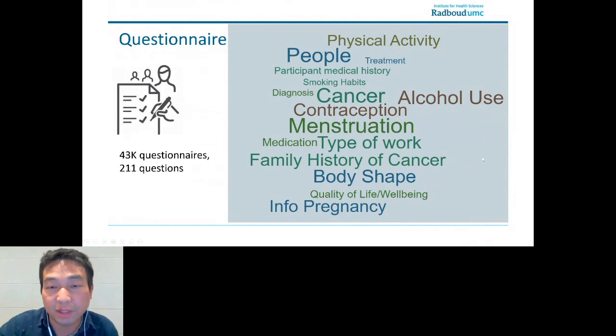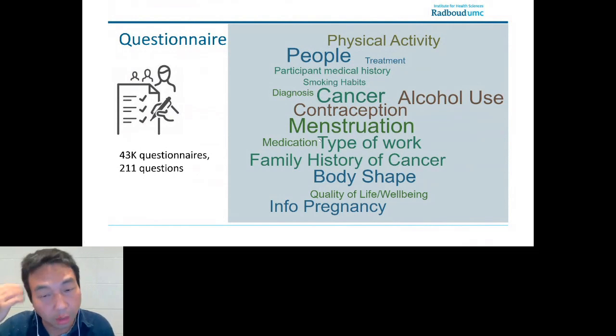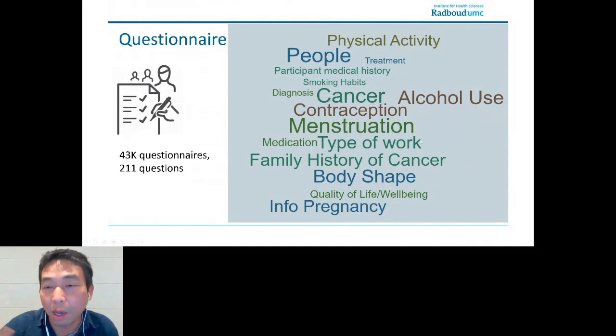You can easily see the various topics, for example, type of work, family history of cancer, pregnancy, alcohol use, and physical activity, etc. So you can feel that it covers various topics.